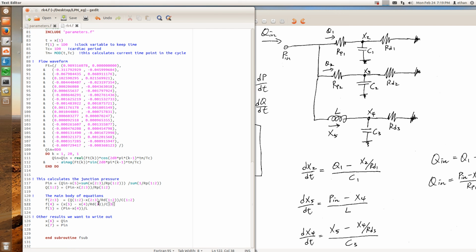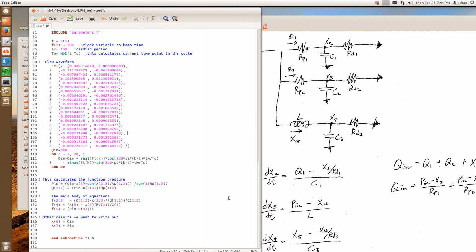And now we're going to enter the ODEs. And I suppose before I go on, I'll explain a little bit of how you use the variables. This program is calculating these equations for every time step that you run it. At any given time, it stores an X array, which are basically the values of your variables that you're trying to solve at any given time.